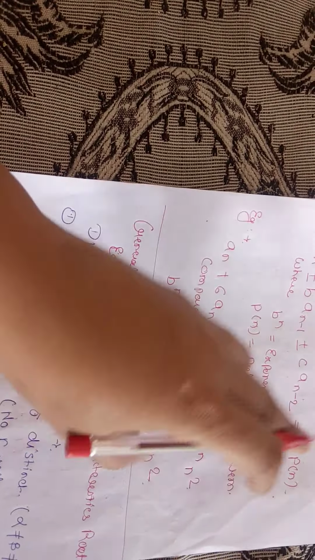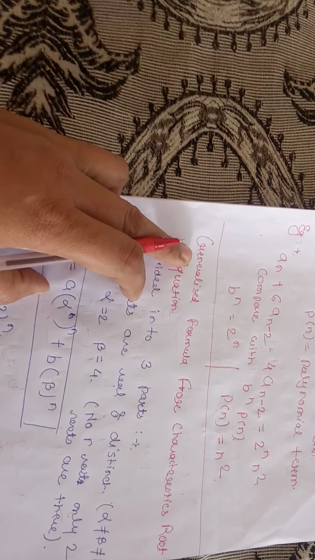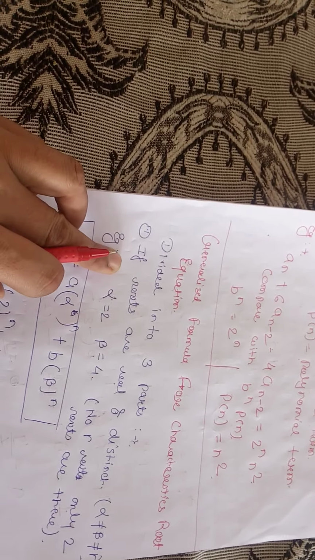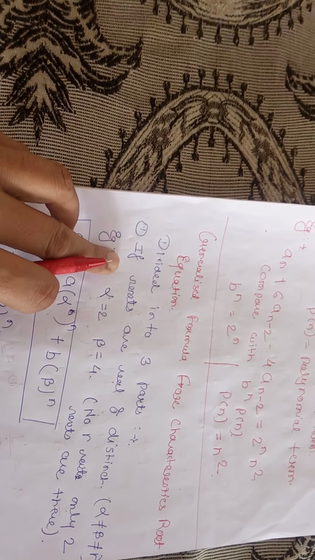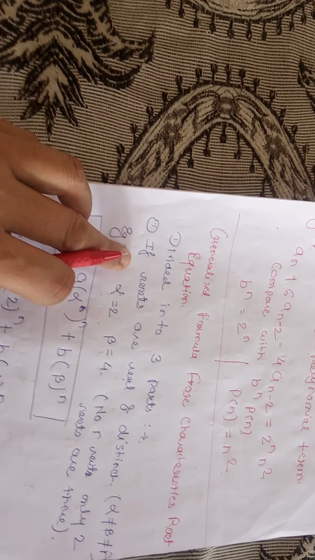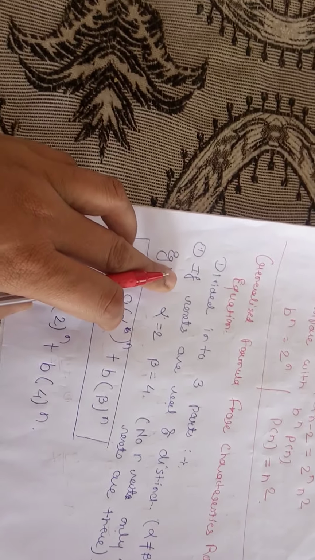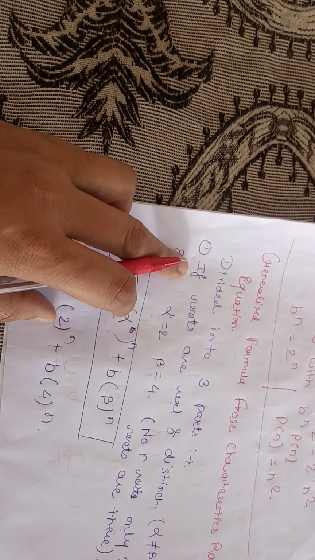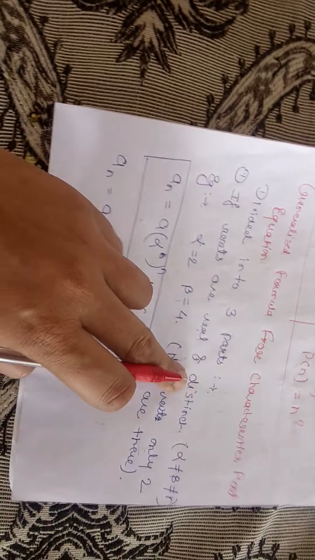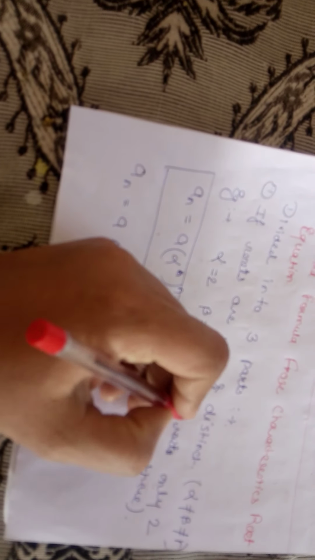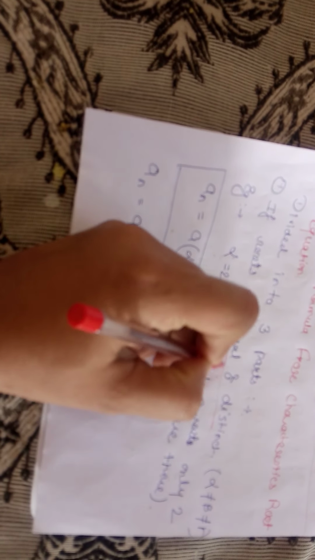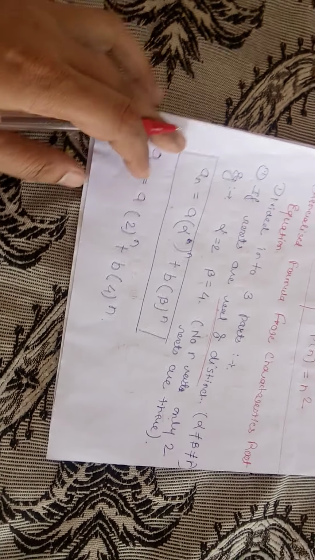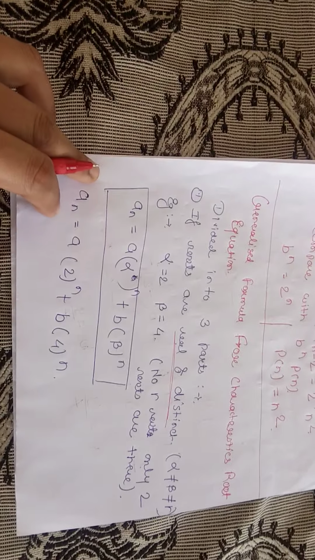Now if I want to know in depth what the types of roots computed in the root characteristic method can be, it is divided into three parts. The first part is that the roots are real and distinct. Note down that the roots are real and distinct. So what do I mean by real and distinct roots?